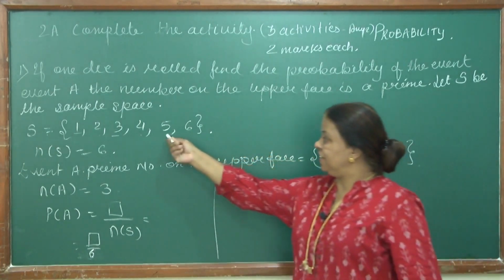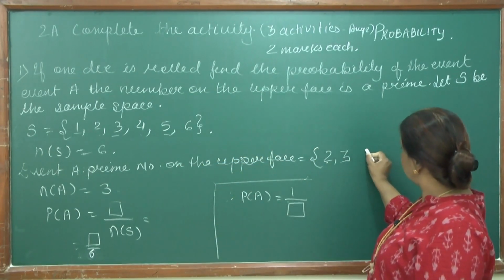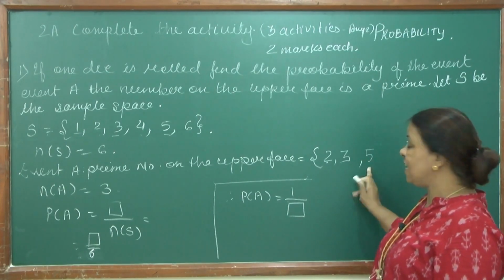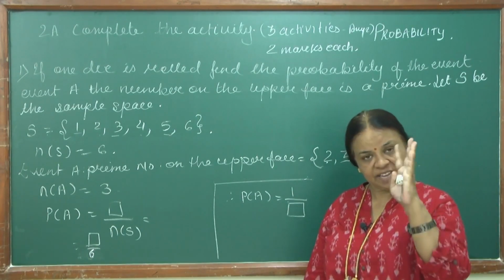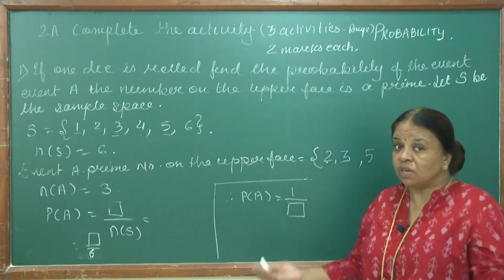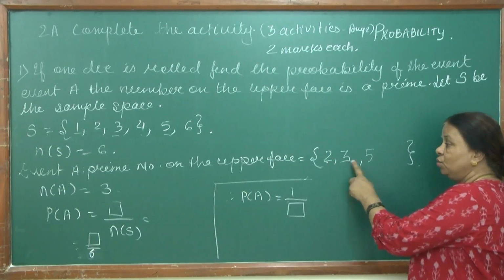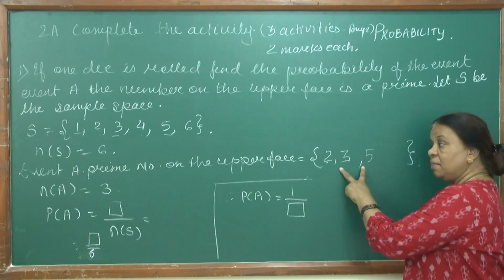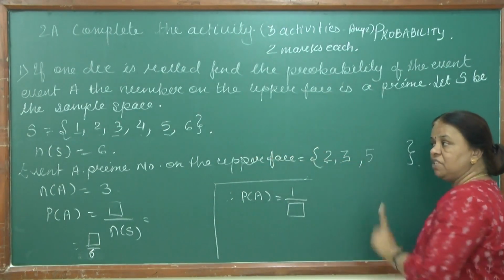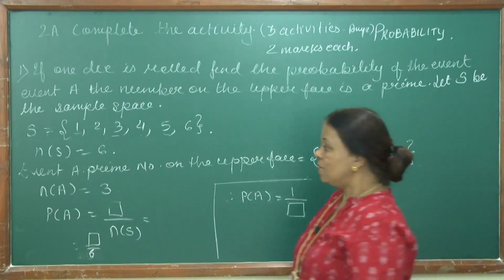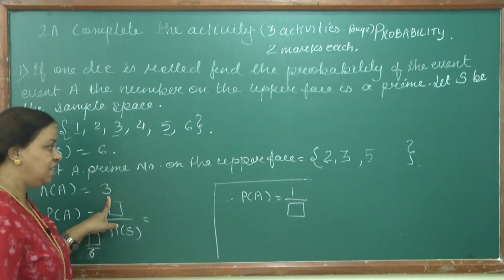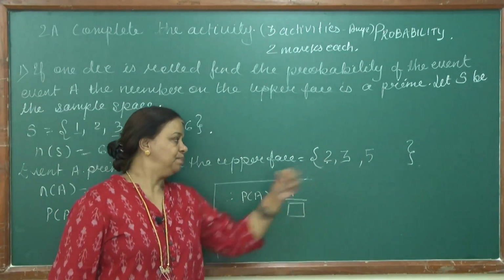Then we go for 5. 5 is a prime number because 5 can be divided by 1 and by 5, but there is no other number which can divide 5. So there are a total of 3 prime numbers in this sample space, so the number of elements in A is 3.